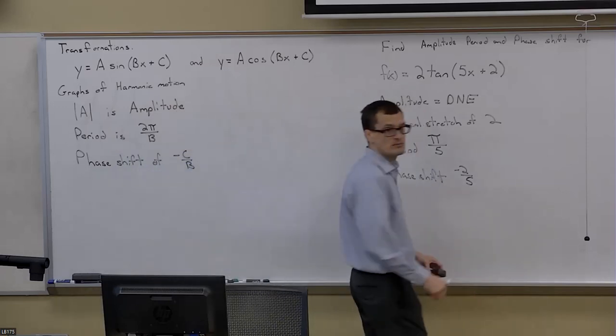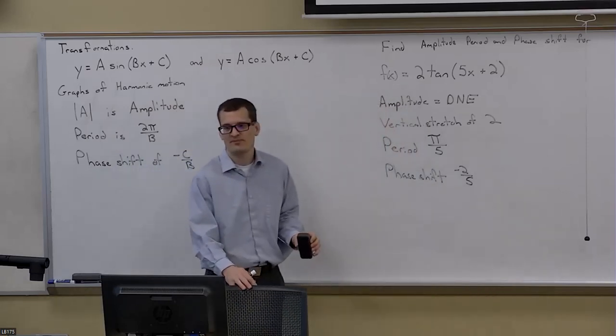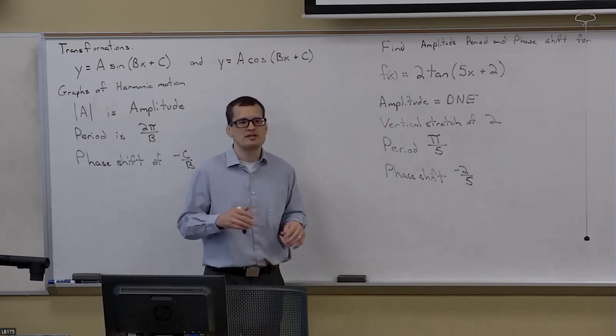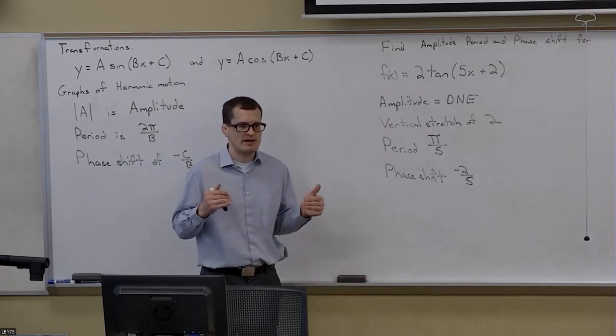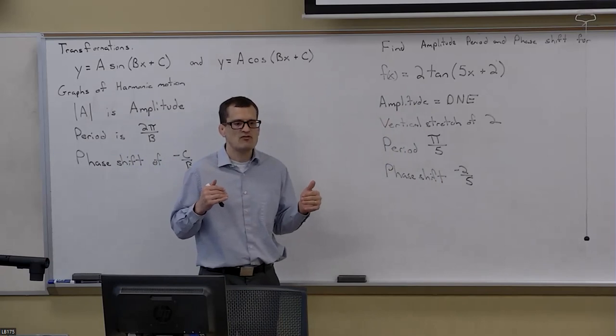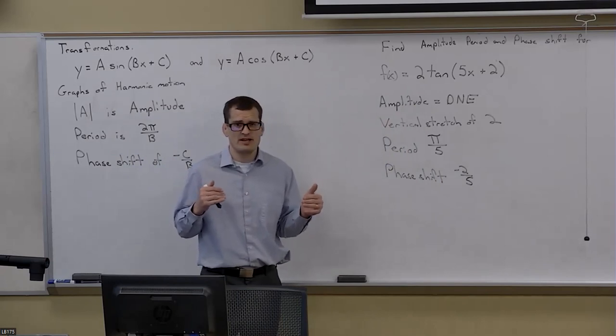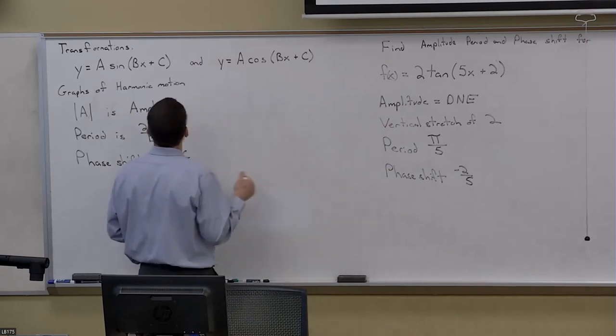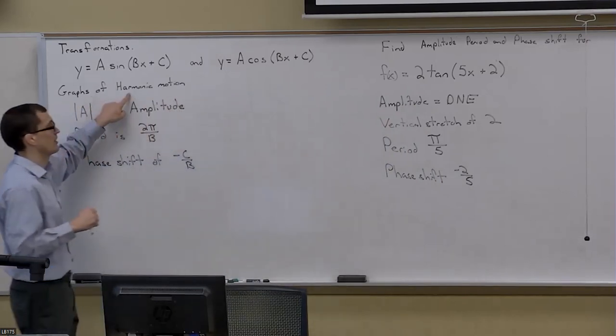Jordan? Oh, yeah. Really quick, would you re-explain to me why the amplitude does not exist for that question? Okay, so amplitude is talking about how a wave, all right? That's why this is graphs of harmonic motion.